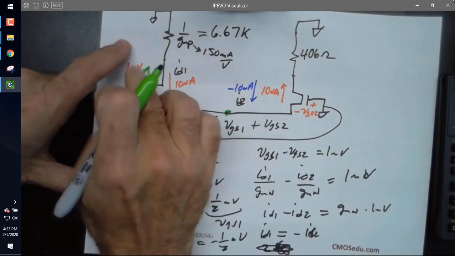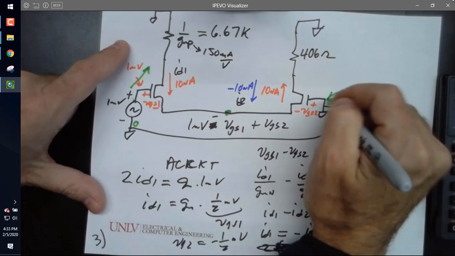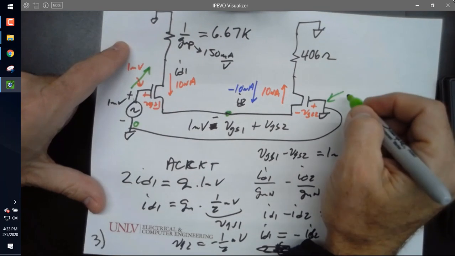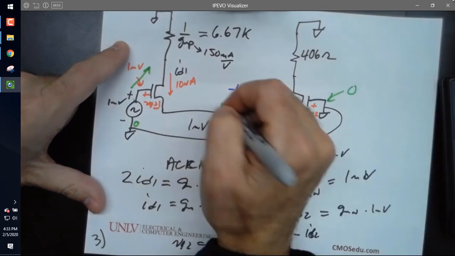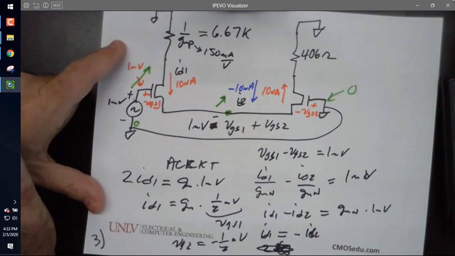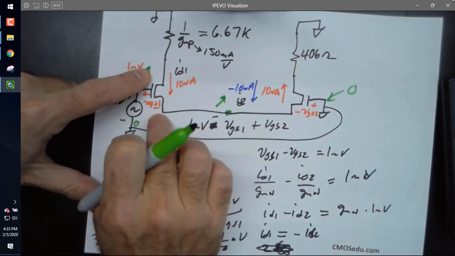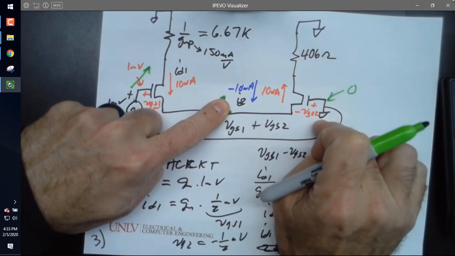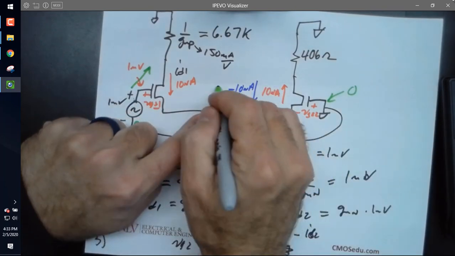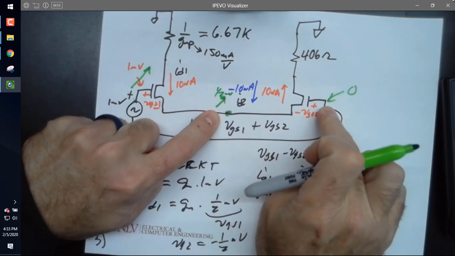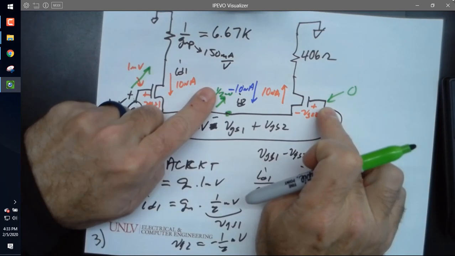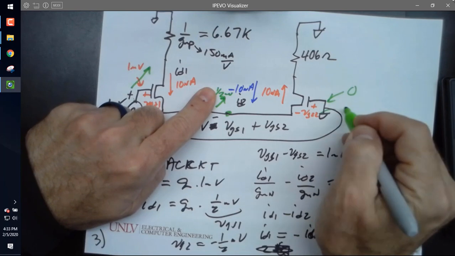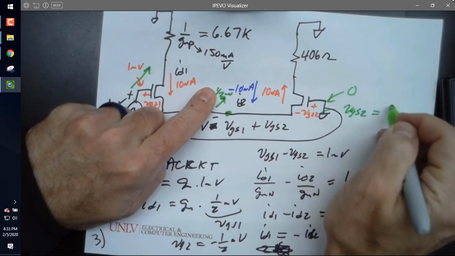If it pulls it up, what does it do to this part? It pulls all of this up, but can it pull this up? Why? What is this? 0, but this goes up. So since they have the same currents, this will go up by 1/2 millivolt. This goes up by 1/2 millivolt, but what is VGS2? If this goes up by 1/2 millivolt, it's 0 minus 1/2 millivolt, or VGS2 equals minus 1/2 millivolt.